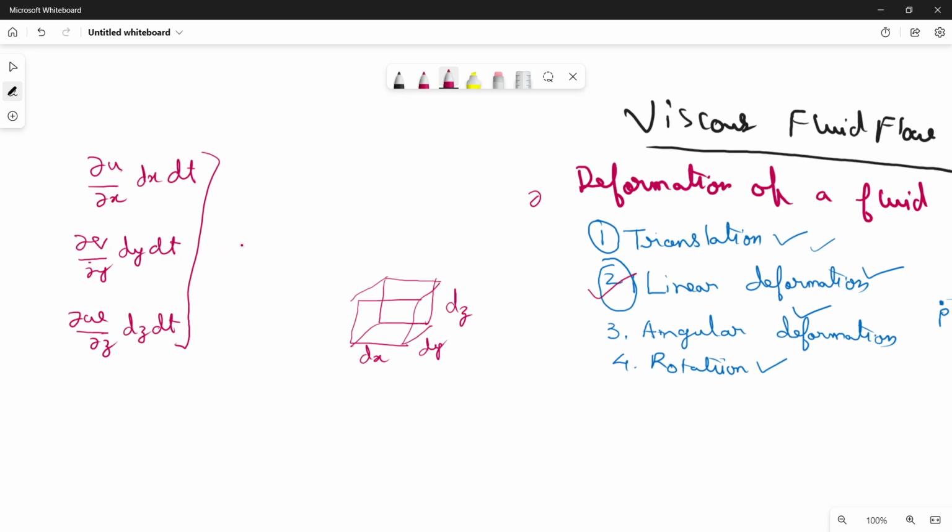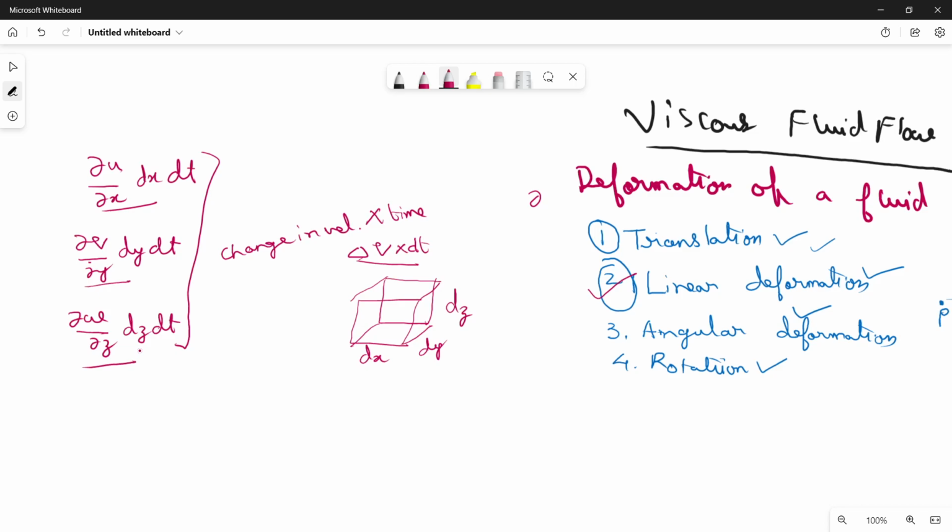This represents the change in velocity in a particular direction multiplied with time, so del v into dt. The change in velocity along the x direction is del u del x dx, along the y direction is del v del y into dy, and along the z direction is del w del z into dz. So this is linear deformation.